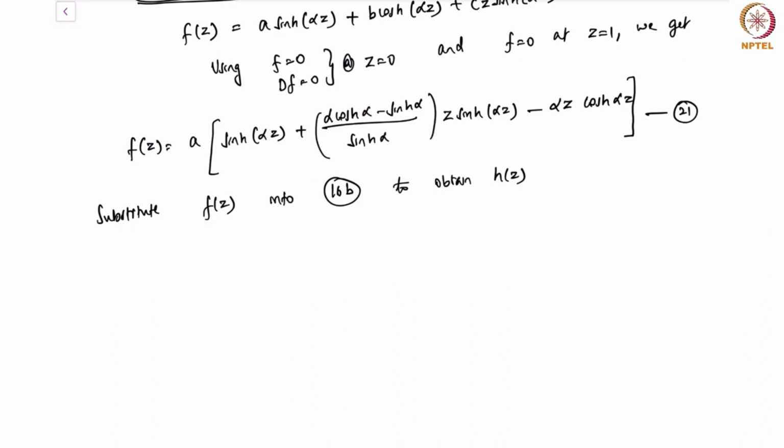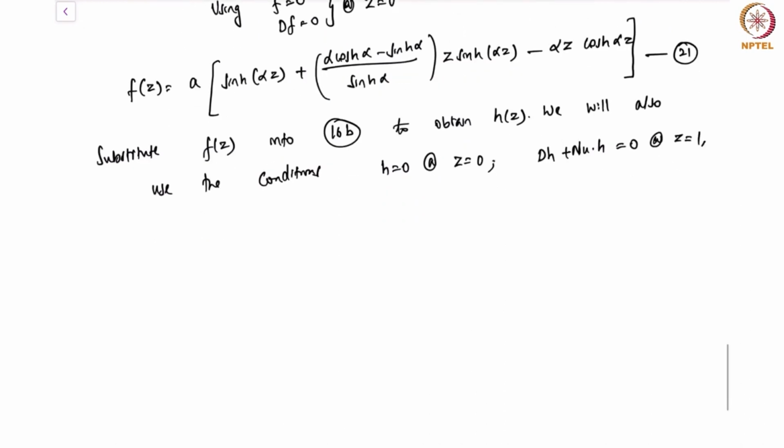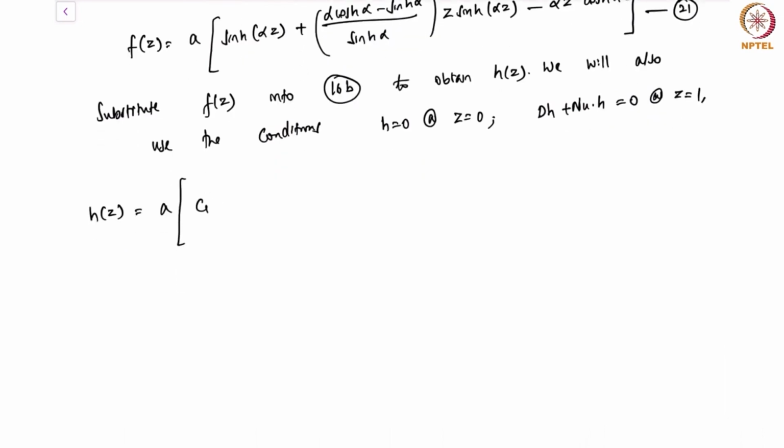We will also use the conditions h is equal to 0 at z equal to 0 and dh plus the Nusselt number times h is equal to 0 again at z equal to 1. What do we get? We get h of z will be a times c1 z cos alpha z.